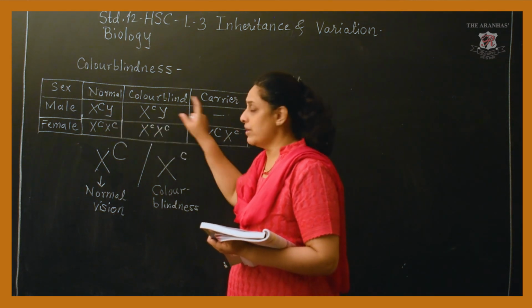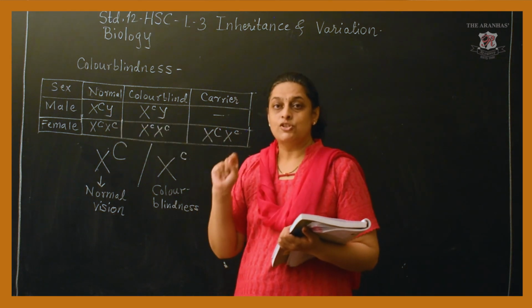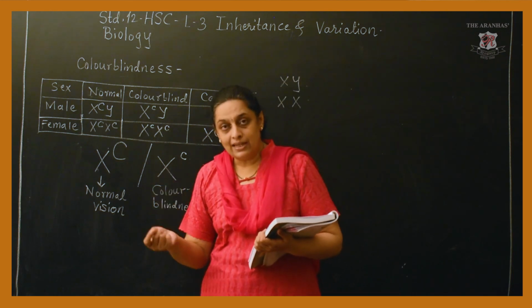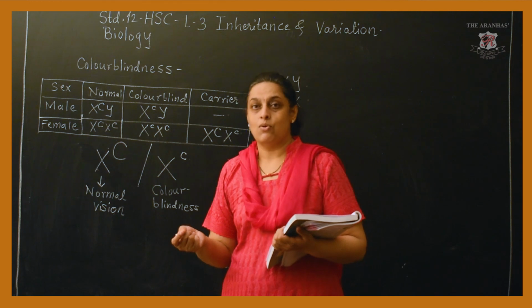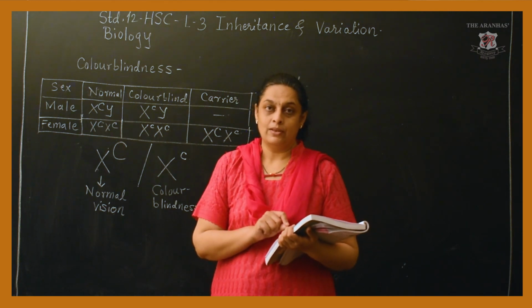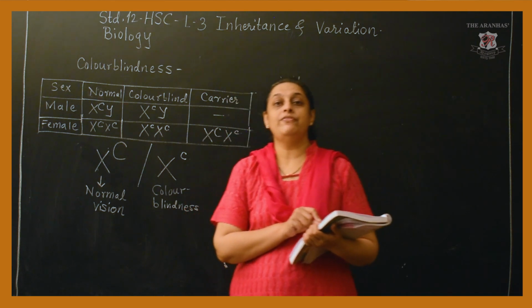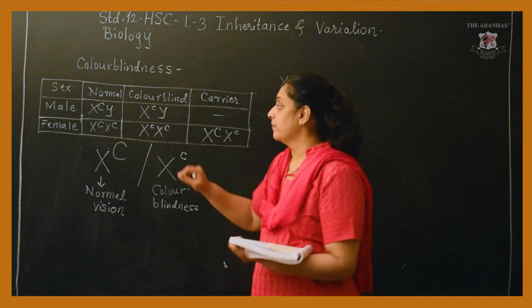So these are two possibilities in males. Human males will be either normal vision or colorblind. No third possibility.